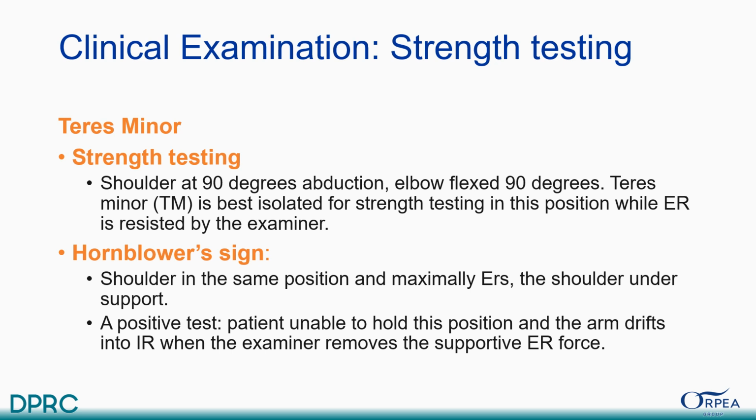The shoulder is kept in 90 degrees of abduction and the elbow is flexed 90 degrees. Then the shoulder is maximally externally rotated under support. A positive test means the patient is unable to hold this position and the arm drifts slowly into internal rotation from the external rotation when the examiner removes the force.